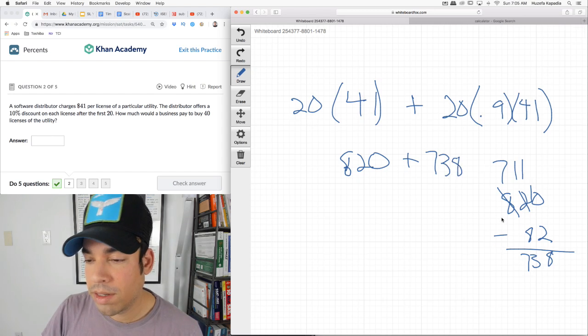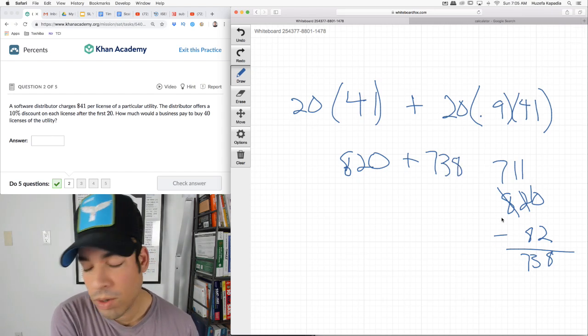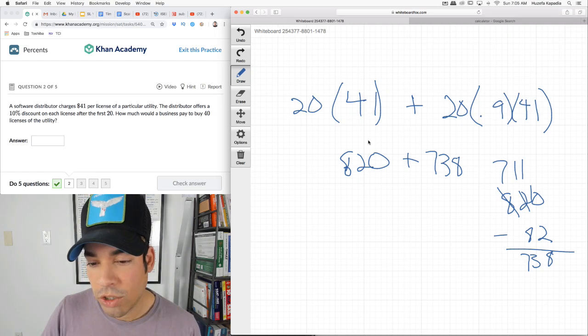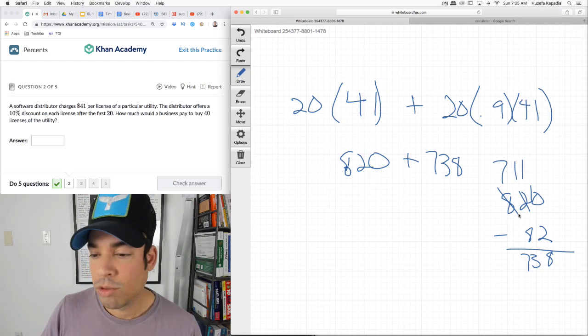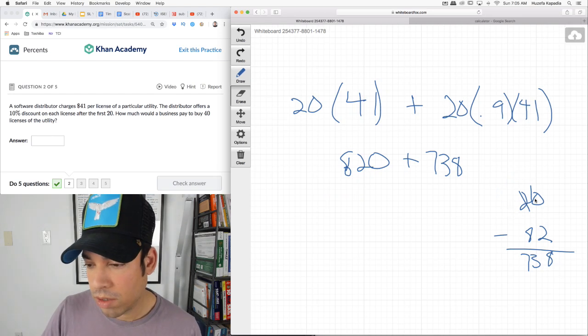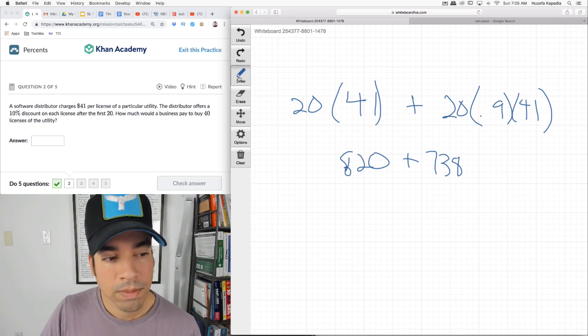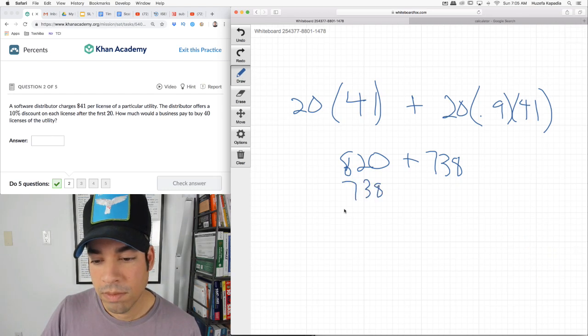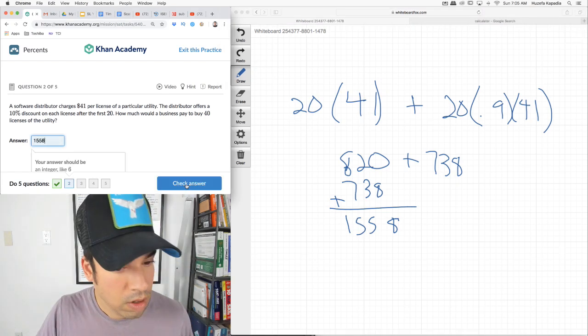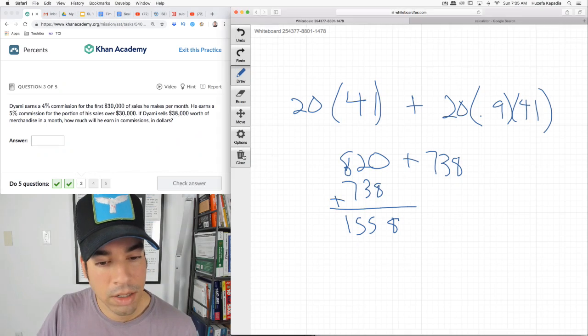So what I did here when I just quickly did it somewhat mentally, somewhat on paper, is I just said, what's 10% of 820? It's just 82. And then I subtracted that from 820, got 738. So these are the two numbers I need to add up. So this should hopefully be the answer, if I didn't make any mistakes. Yeah. All right, next.